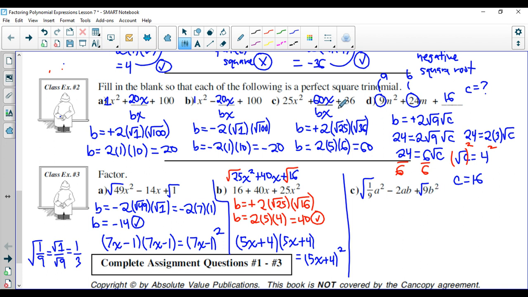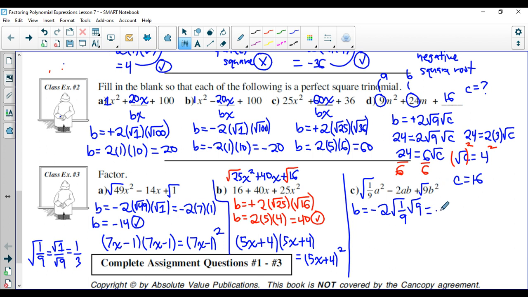Okay, let's check the value of b. So the value of b is going to be equal to, so I see a negative sign in front of this, so I'm going to put a negative first. Then 2 multiplied by the square root of the a term, which is 1 over 9, and then multiplied by the square root of the second term, which is 9.